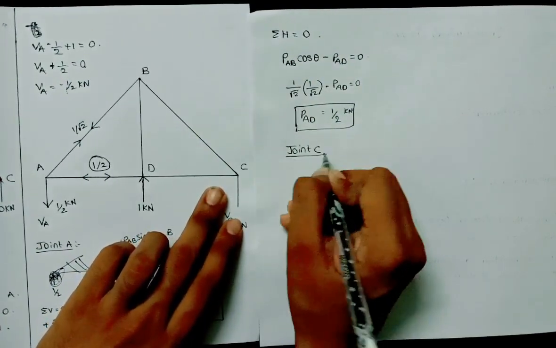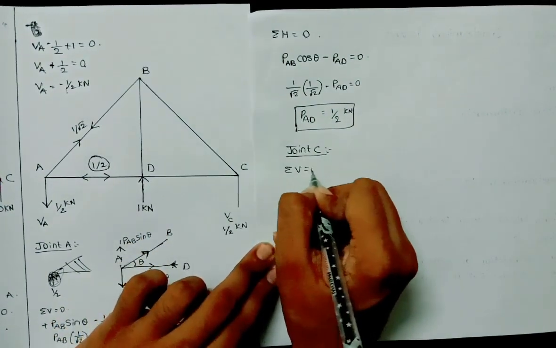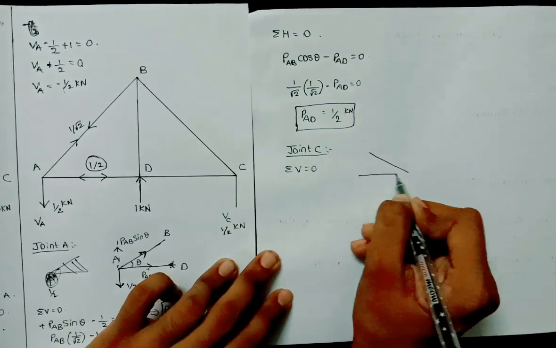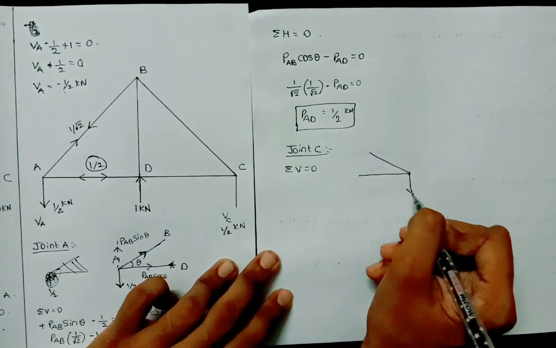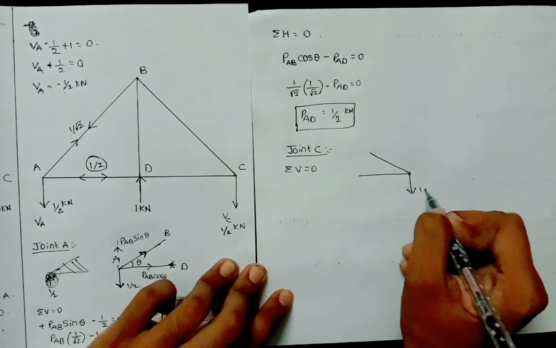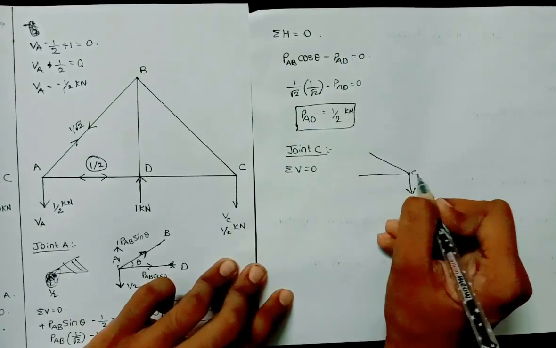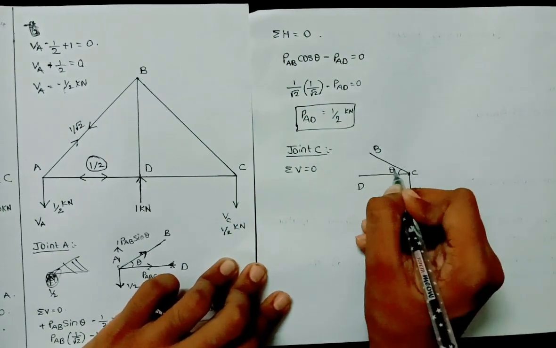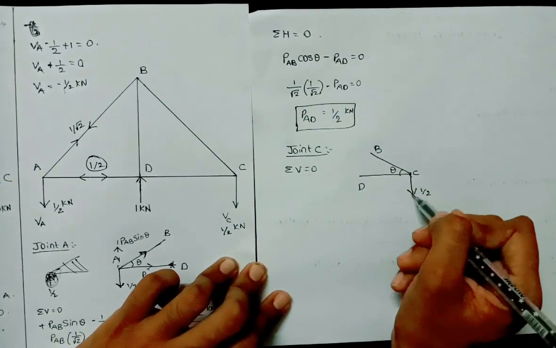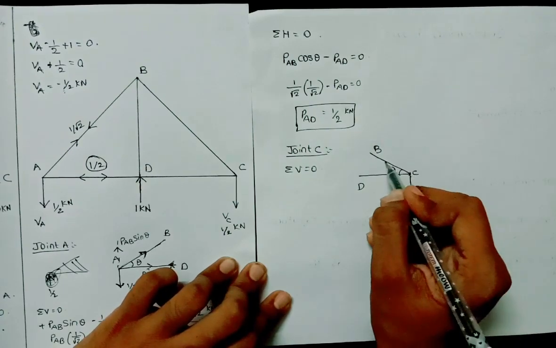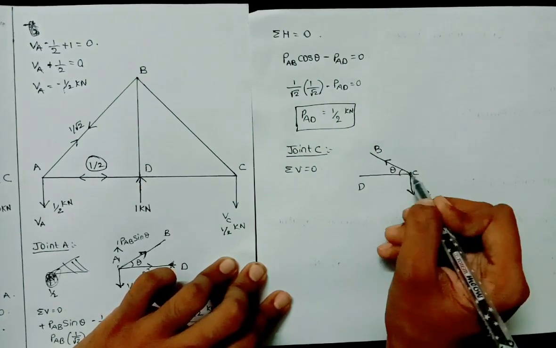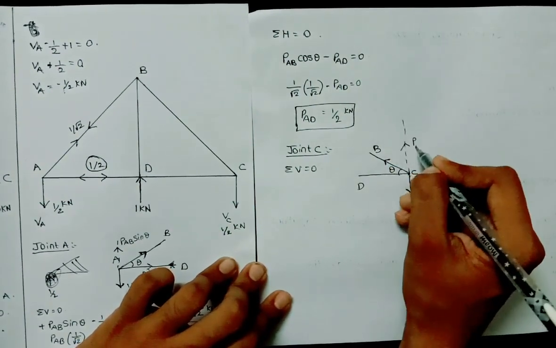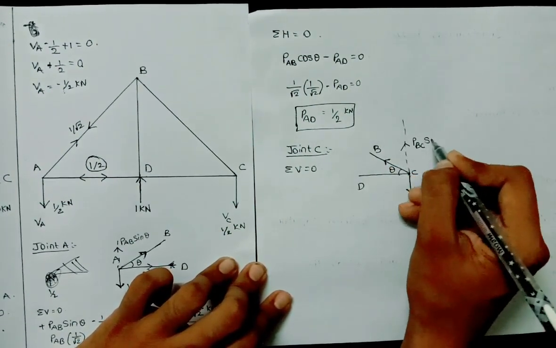Again joint C, again apply sigma V equal to 0. Before applying, for easier understanding, please draw the free body diagram. So this is in downward direction, half kilonewton, and this is the joint C, this is joint B, D and theta. Since this one is in downward direction, you assume this one is upward direction. After resolving it vertically, you will get upward as PBC sin theta.